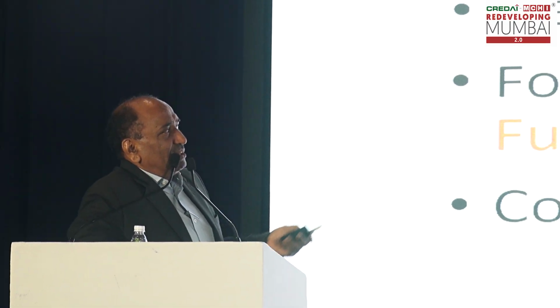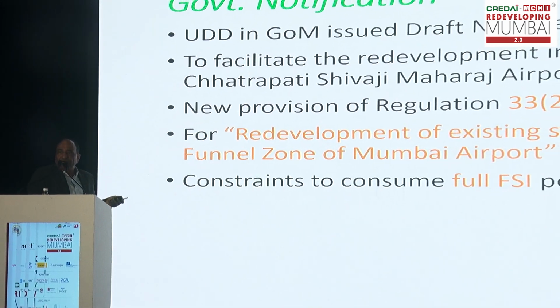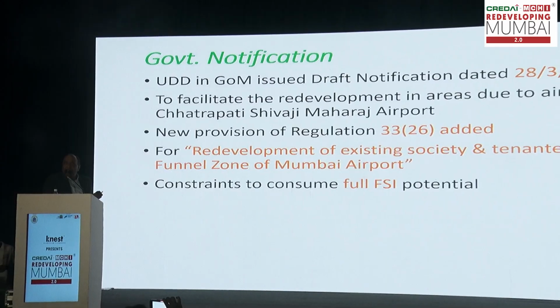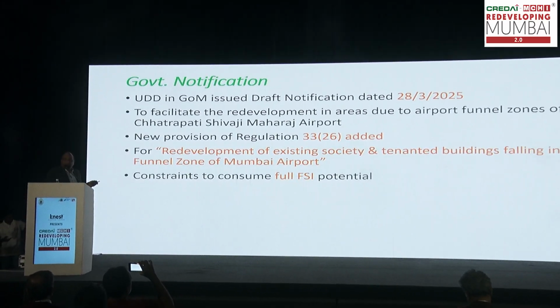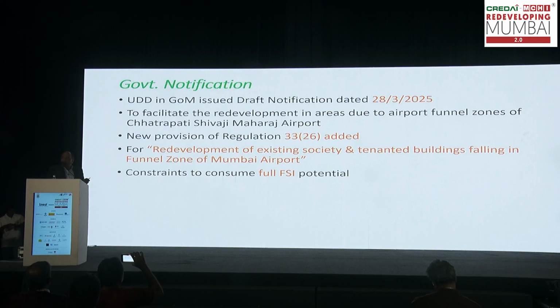So what is this regulation? It was published on 28 March 2025 by the government, and is available on the government GR website. What it facilitates is the development or redevelopment of buildings affected by the funnel zone.